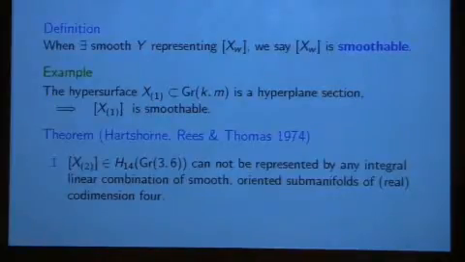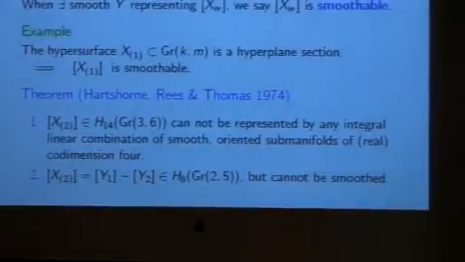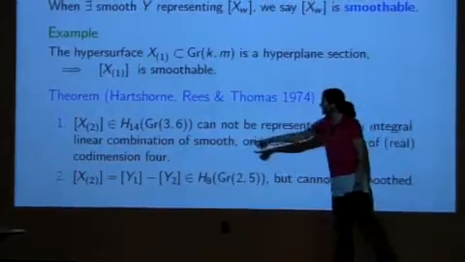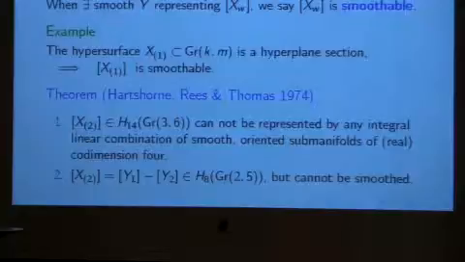X sub 2 in the Grassmannian of 3 planes in 6 space cannot be smoothed. If we drop down and look at 2 planes in 5 space, then the corresponding Schubert variety we can write as the difference of 2 smooth subvarieties, but it cannot itself be smoothed.